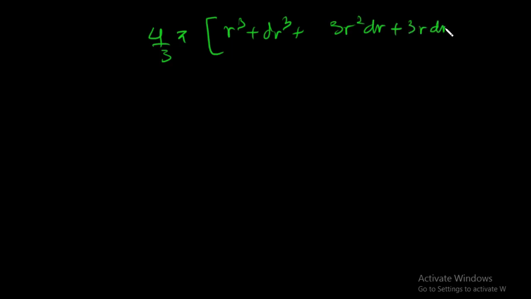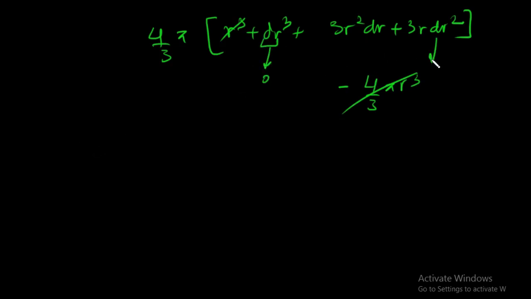So 4 by 3 pi (r plus dr) cube, I am expanding right now: r cube plus dr cube plus 3r square dr plus 3r dr square, minus 4 by 3 pi r cube. So r cube will get cancelled out. And dr is very small, so we neglect it.